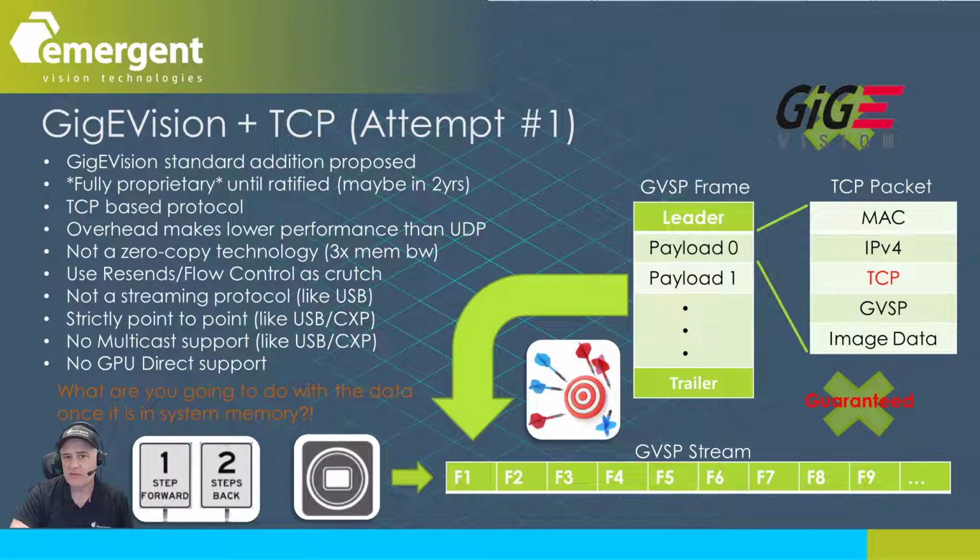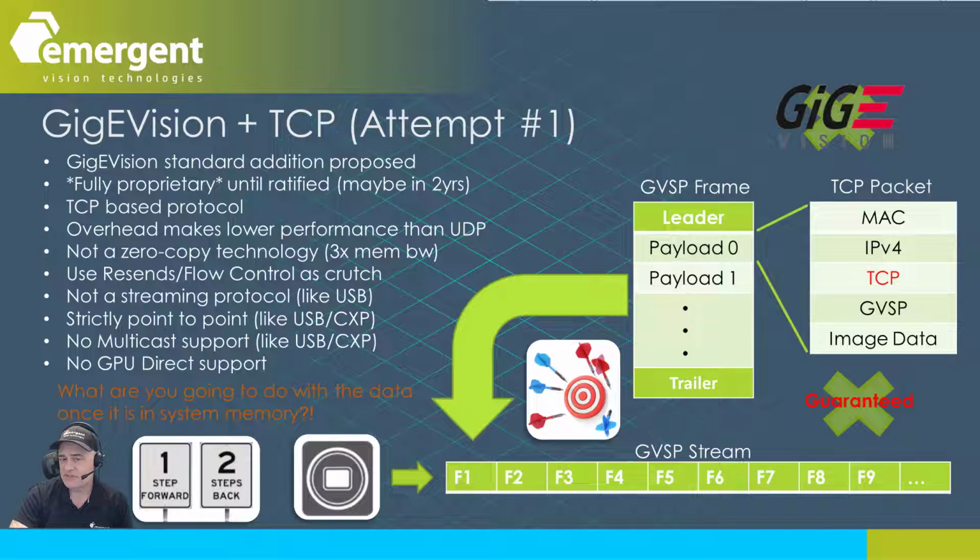TCP is one protocol explored by some to improve the performance of GigE Vision. Some even claim this is a guaranteed transfer mechanism, which is completely false. TCP is not a zero-copy process, so it triples the required memory bandwidth.